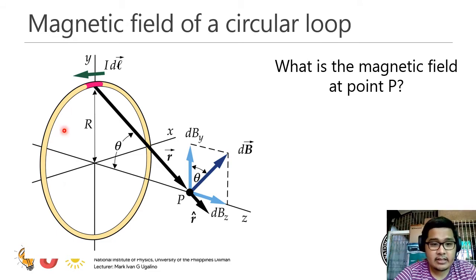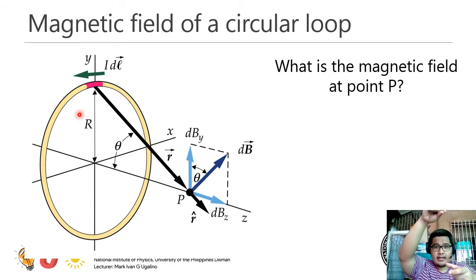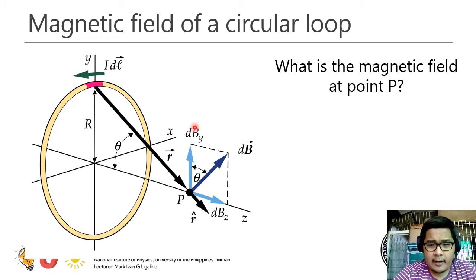If this illustration is complicated to imagine, you can imagine a loop that is horizontally placed, and consider a point from its center, a distance z along the axis, pinching through its center. So we ask, what is the magnetic field at point P?